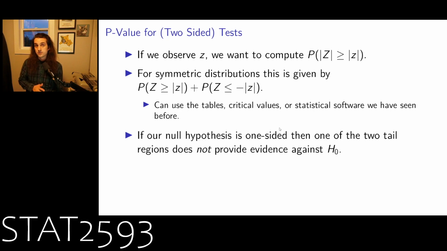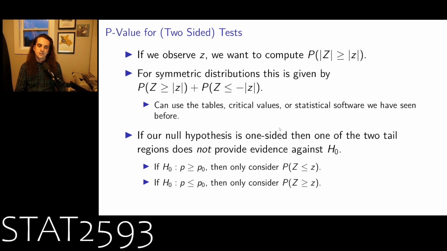If we're looking at a single tail hypothesis test, then we simply want to exclude the tail that does not provide evidence against the null. So if the null is greater than or equal to, we just want the lower tail. If the null is less than or equal to, we only want the upper tail. So the procedure is exactly the same. If we think about what we're really doing here, all we have to do is figure out what the sampling distribution is.